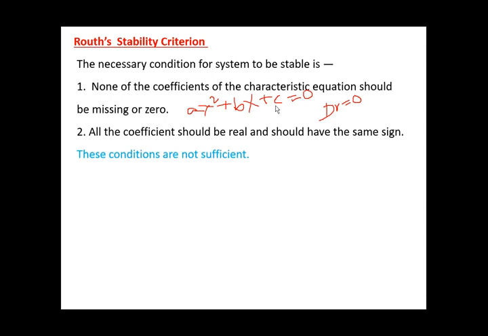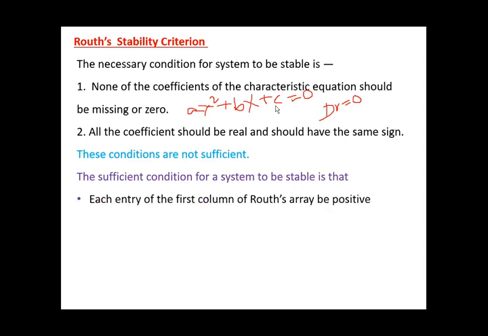Next, these conditions are not sufficient and some more sufficient conditions are there in order to obey this Routh stability criteria. Those sufficient conditions for the system to be stable are: each entry of the first column of the Routh array must be positive. So we are going to create an array, Routh's array.